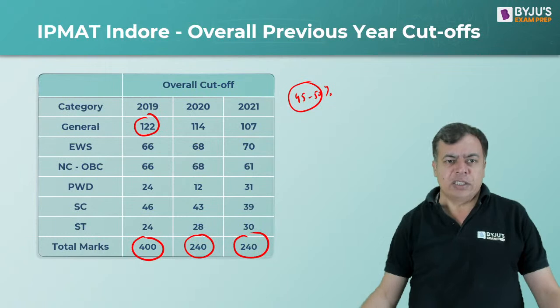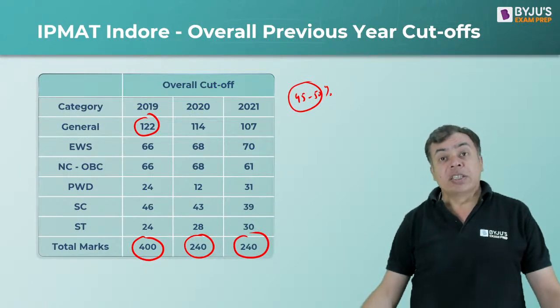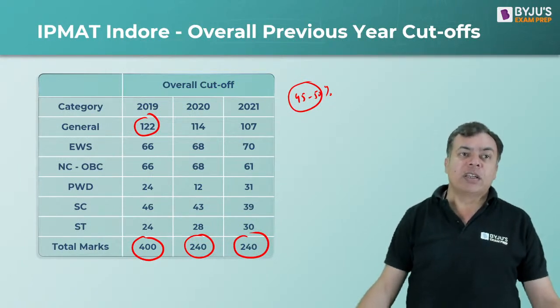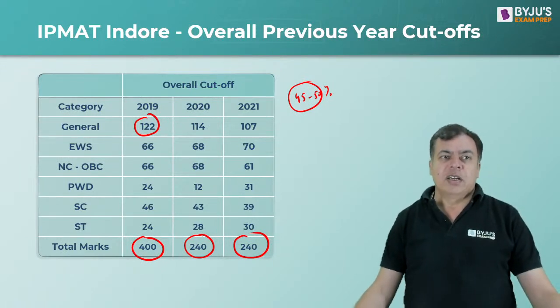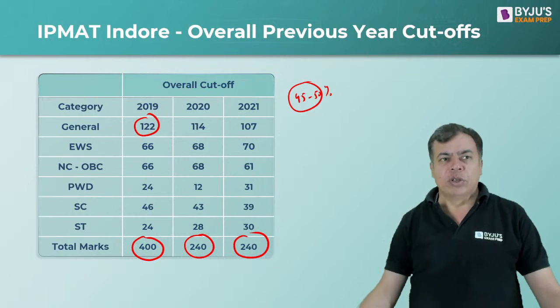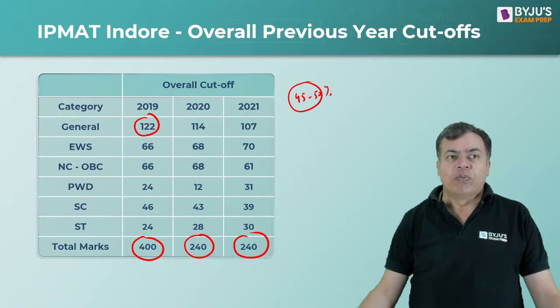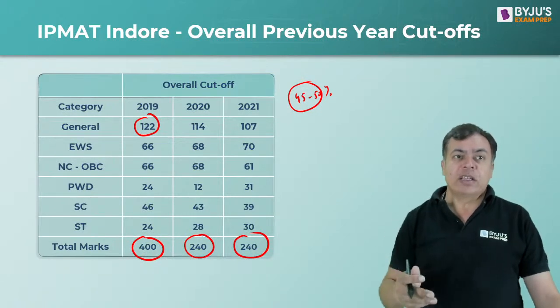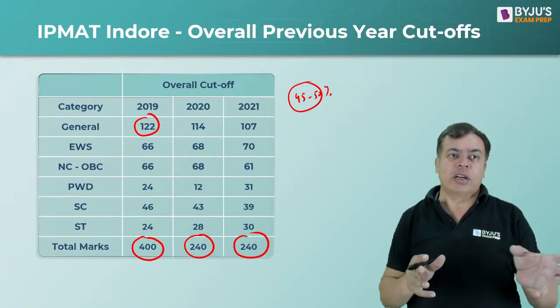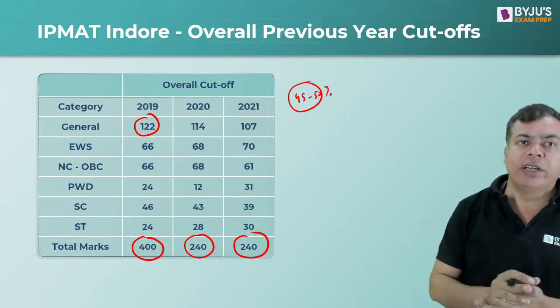That is the second stage, right? But it is not that you have cleared the cutoff, so you have cleared this written part, ATS aptitude test score, you have got that above cutoff, that means you are selected. No. I told you that the weightage is 65% to the written part and 35% to the interview.